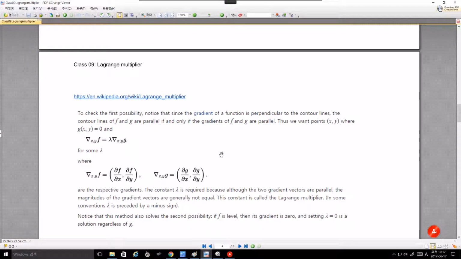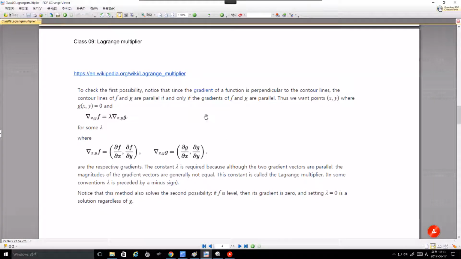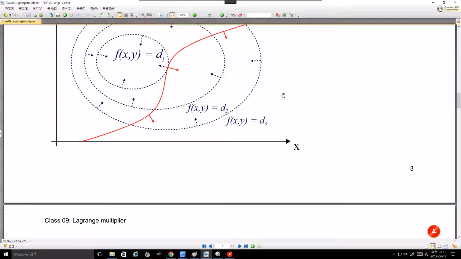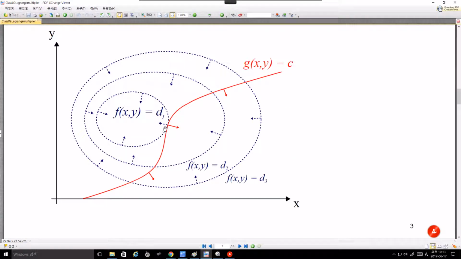To check the first possibility, notice that the gradient of a function is perpendicular to the contour line, so the geometric interpretation of the gradient is this line, perpendicular to the tangent line.